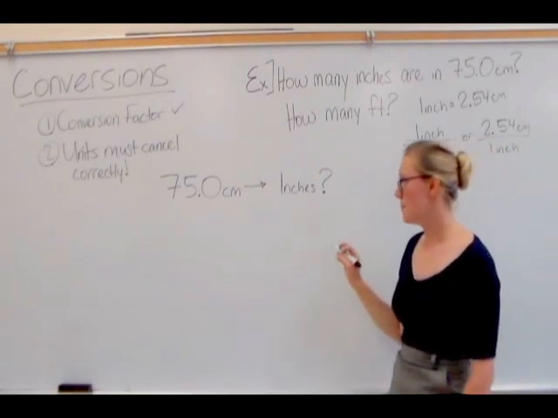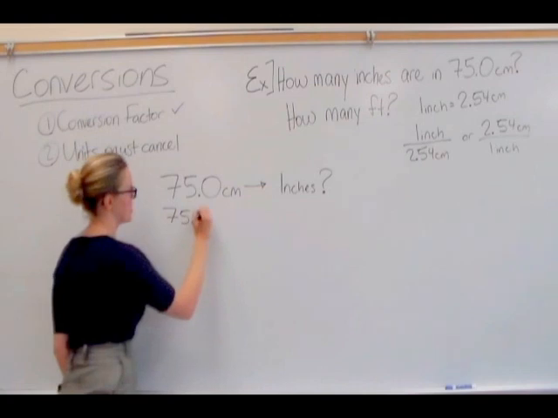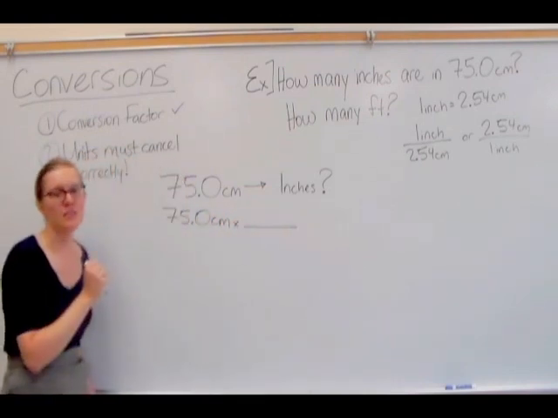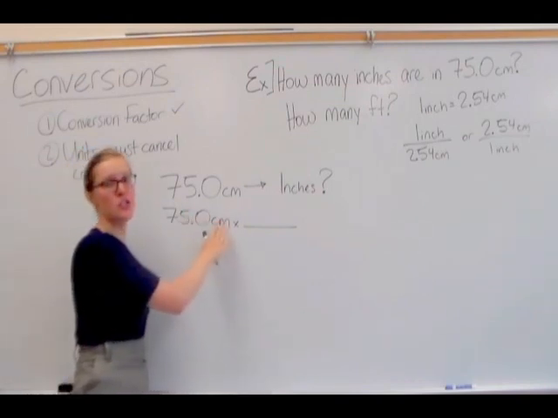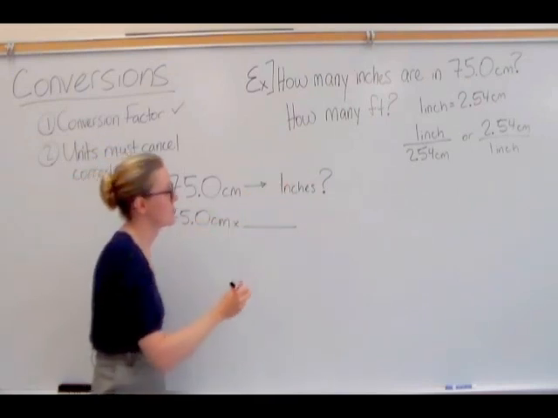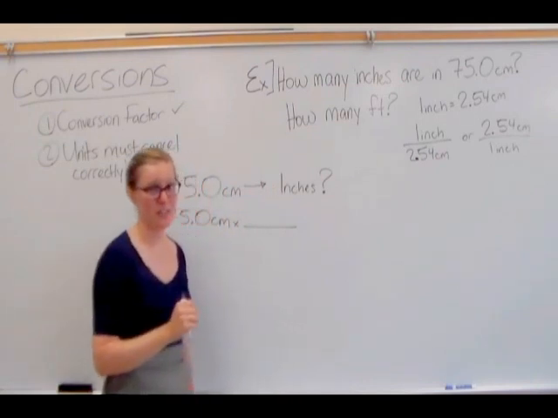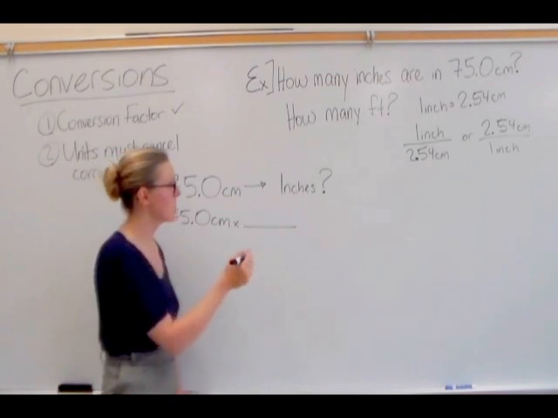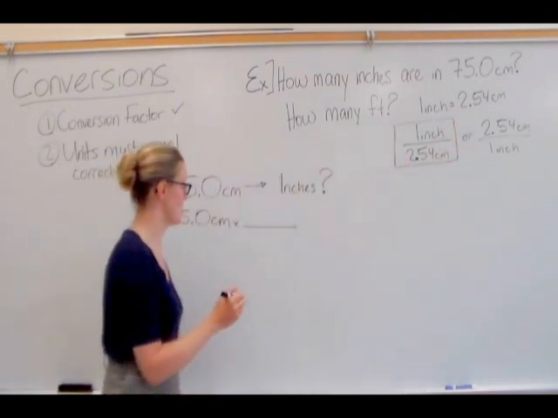So to do that, we'll again start with our 75 centimeters, and then we need to multiply it by one of our conversion factors. And so if we have centimeters in the numerator here, we're going to need to multiply it by one of the conversion factors that has centimeters in the denominator. So that way whatever's in the top cancels what's in the bottom, and we're left with inches. So we'll use this conversion factor to do that.